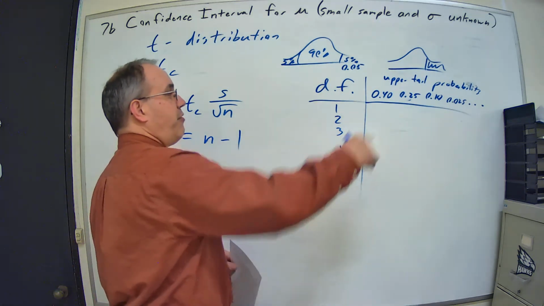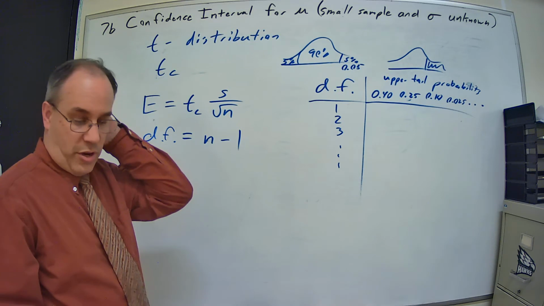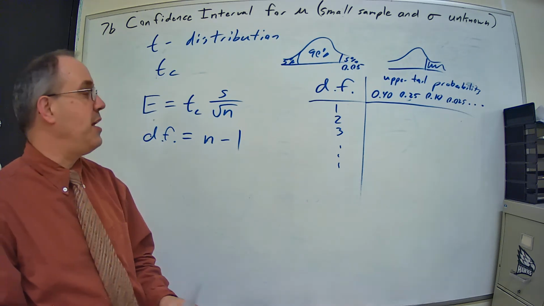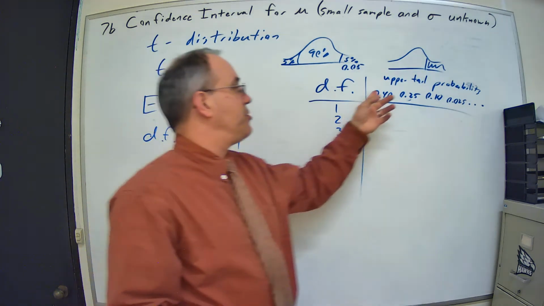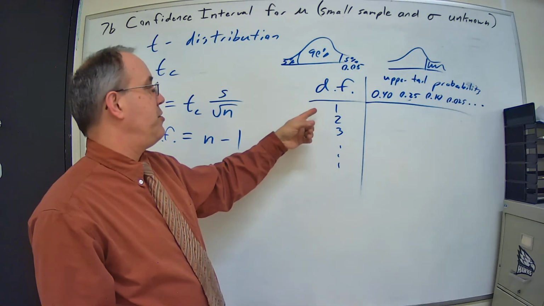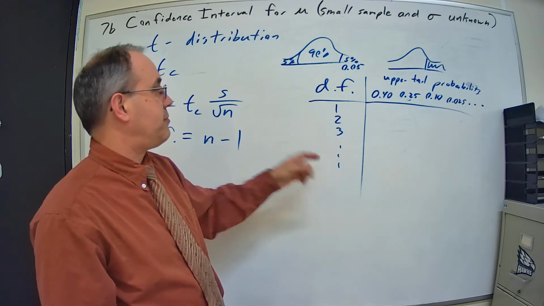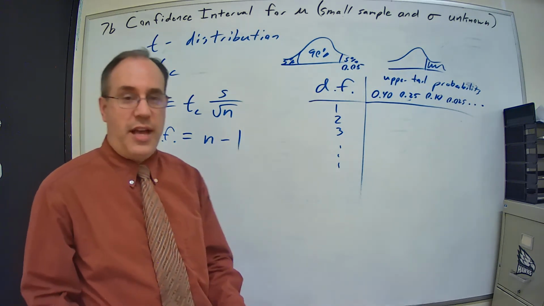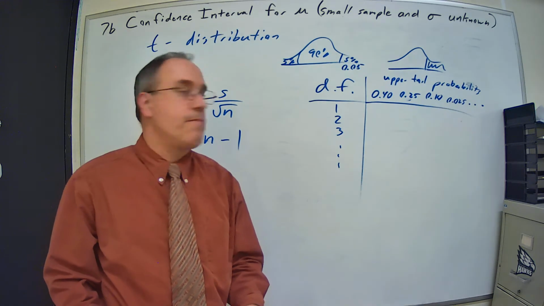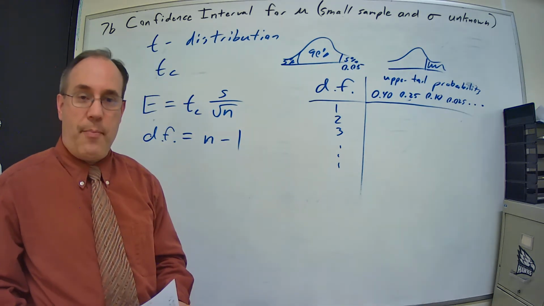So when we want to find a probability, a critical value t sub c, we're going to use the upper tail probability across the top, and we're going to use degrees of freedom going down the side, and that's just n minus 1. Other than that, it's all going to work the same.